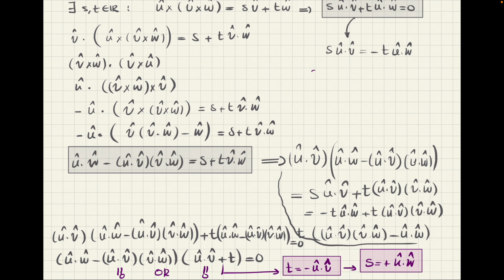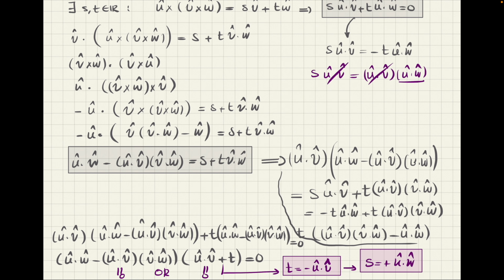So I have S U dot V. Instead of this T, I put minus U dot V, so then it becomes positive U dot V multiplied by U dot W. But I am assuming that here U dot V is not 0, so then S becomes exactly this, and that's exactly what I have written here.